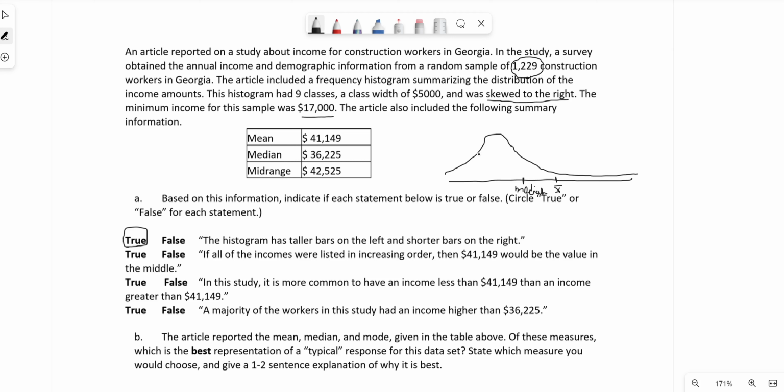So it's clear that because of the right skewness of this histogram, you will have taller bars on the left and shorter bars on the right.